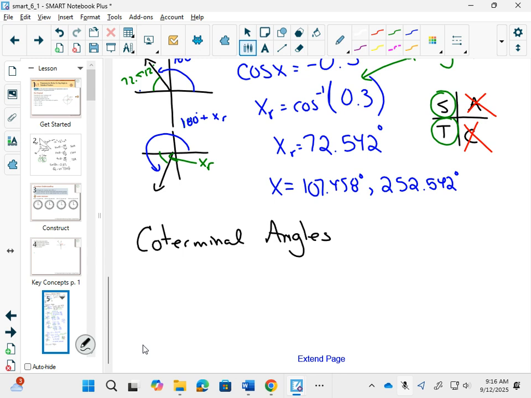And this hasn't come up very much in grade 11, so this is somewhat new. I'll give you an example first.